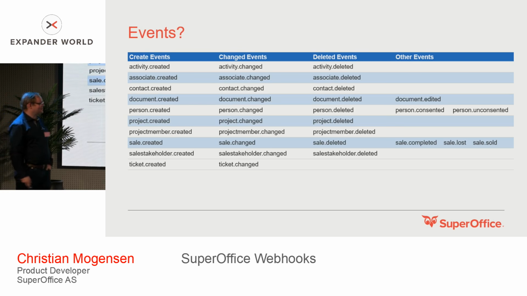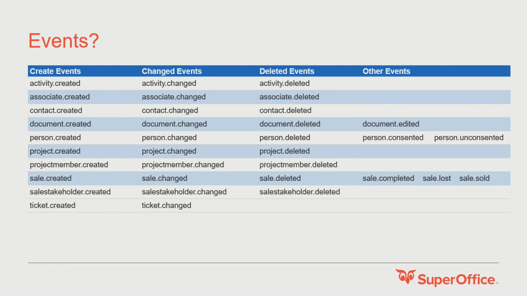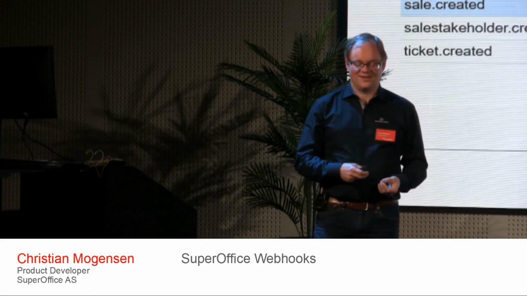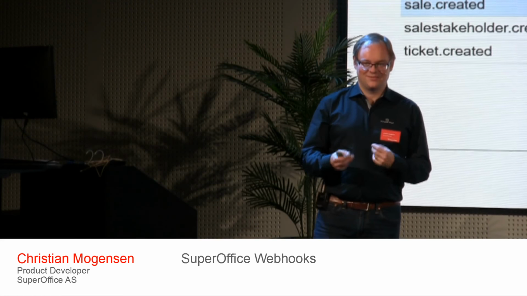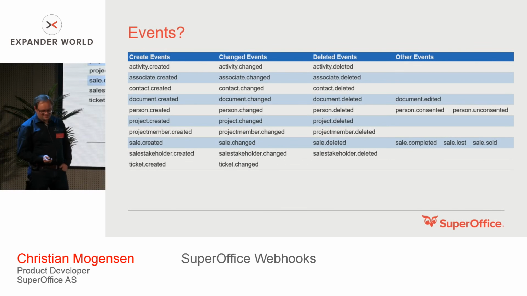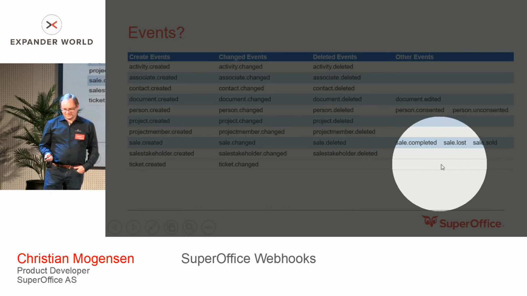All right, sale. So for sale, we added a bunch of extras, more as a convenience. You could probably figure these out based on the list of field change events, but they're handy.